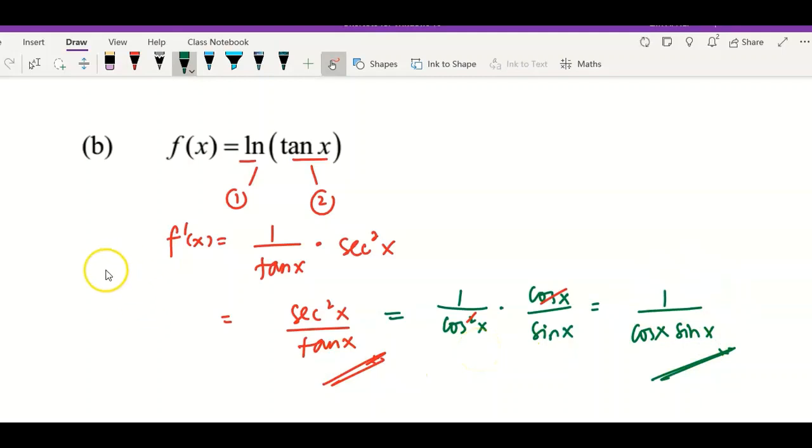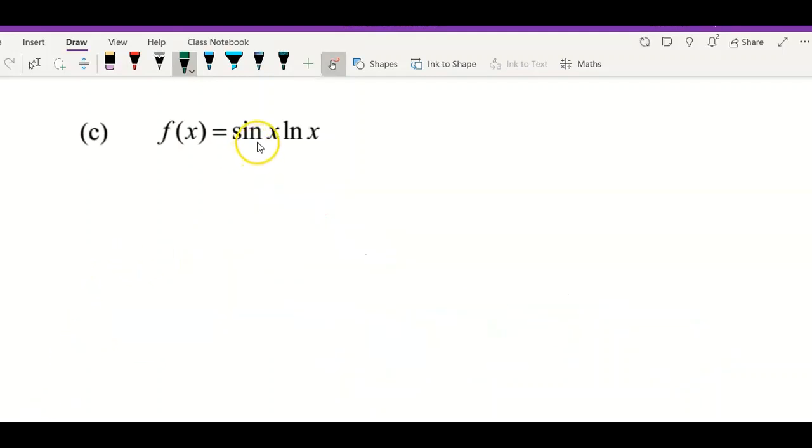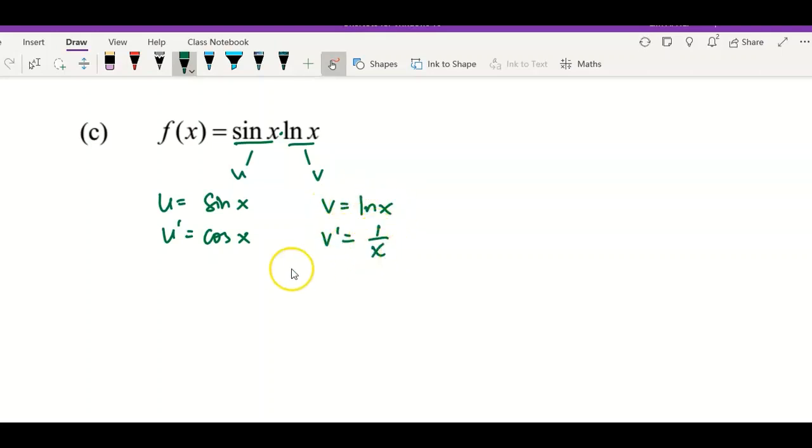Both are accepted. And for question C, we have sine x multiplied by log x. So I'm going to take sine x as my u function, and log x as my v, and I'm going to apply the product rule. Alright, so just write down your u. U is equal to sine x, then get your u prime. U prime is cos x. And if your v is log x, then your v prime is 1 over x.